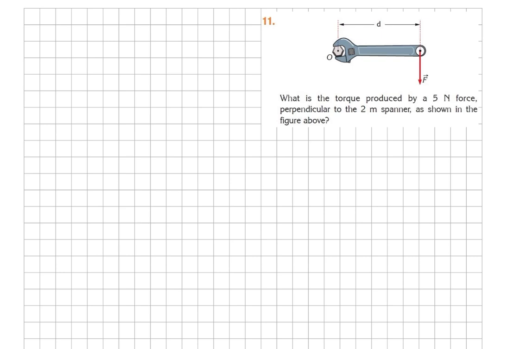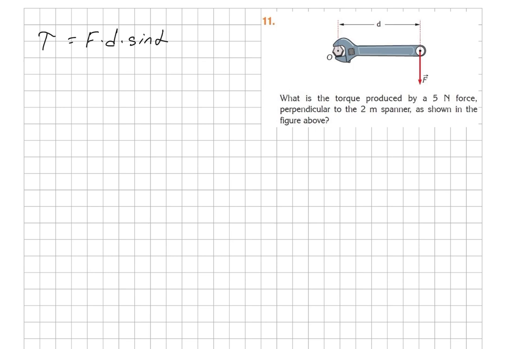Question 11. What is the torque produced by a 5 Newton force perpendicular to the 2-meter spanner as shown in the figure? Here we just use the torque formula, which is F times distance times sine alpha, the angle between the force and the distance from the pivot.